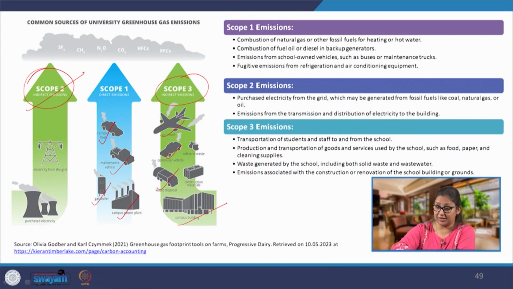That is definitely going in the scope 3, where we are talking about the materials that have gone in. Comparing, for example, concrete block or AAC block with that of compressed stabilized earth block, CSEB.